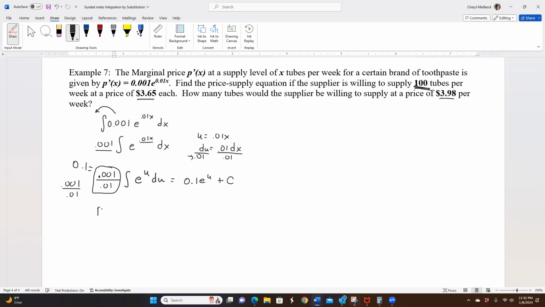So my price function becomes P of x equals 0.1 e to the u. Remember, u is 0.01x, and then plus c. But they told us that when x is 100, the price was $3.65 each. So we're going to put that in here to solve for c, substituting in 100 for x.